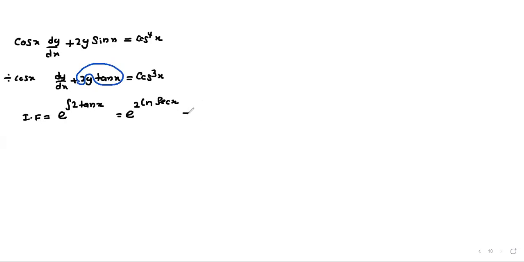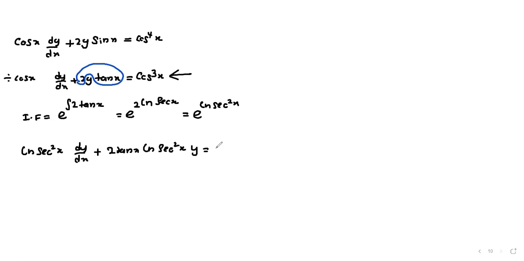If you want, you can take this 2 in and write e to the power ln sec squared x. You can bring this 2 in as a power of sec x. So this is the fact. Now what you need to do is multiply this entire expression with e to the power ln sec squared x. ln sec squared x dy by dx plus 2 tan x ln sec squared x y equals, sorry, I just made a mistake here.